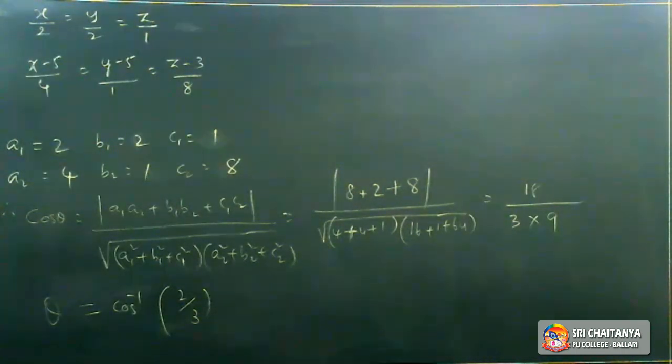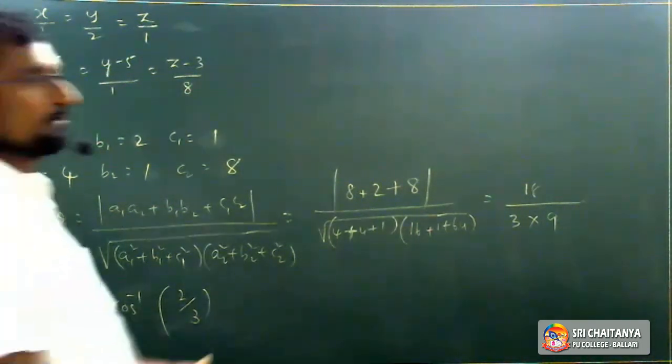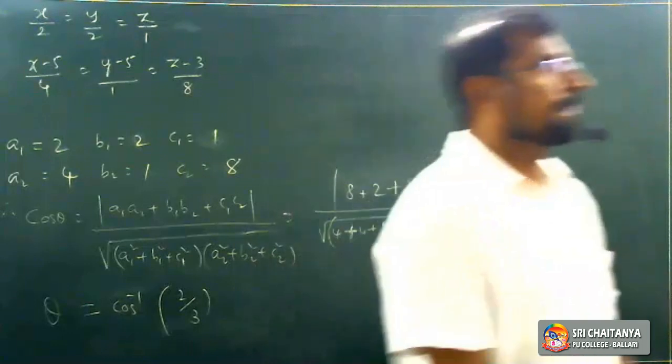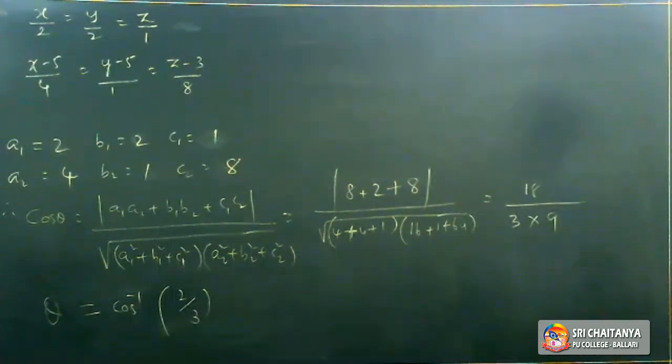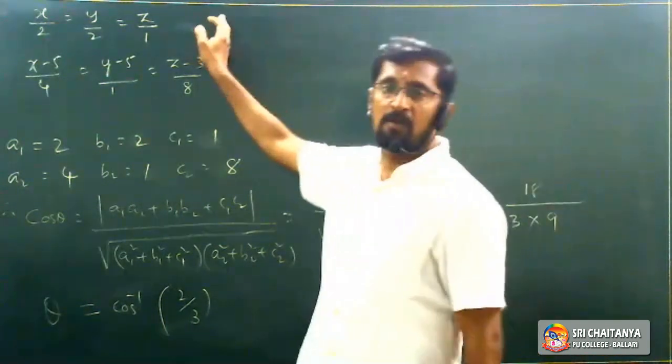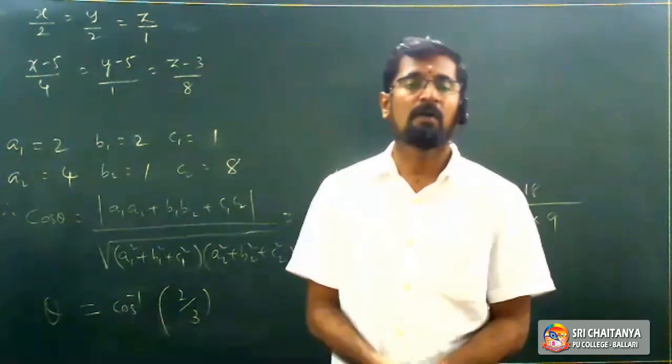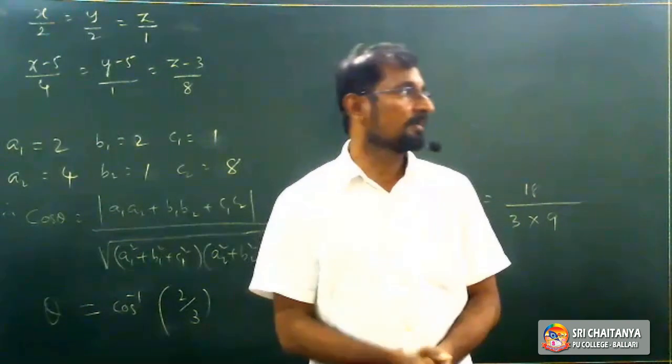I am going to discuss this problem once again. You should compare the given lines with, I have not written anything here because you already wrote it in the previous problem, right?